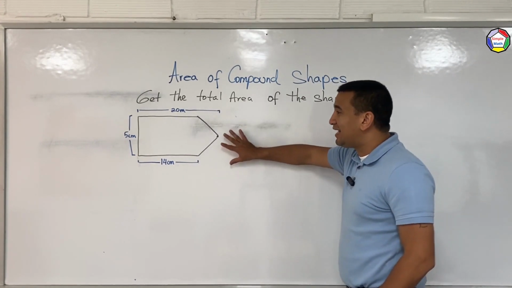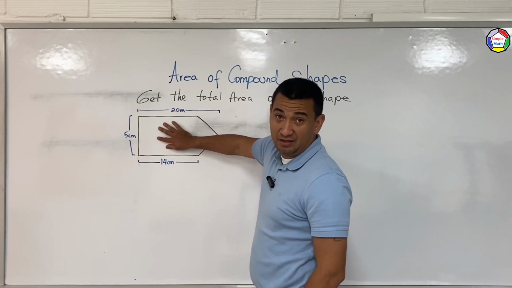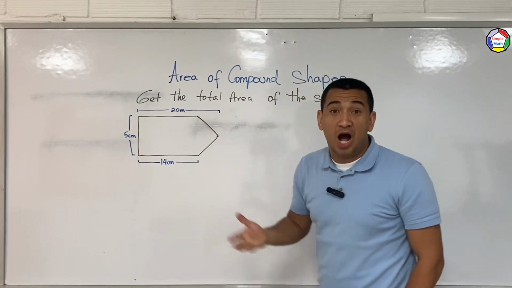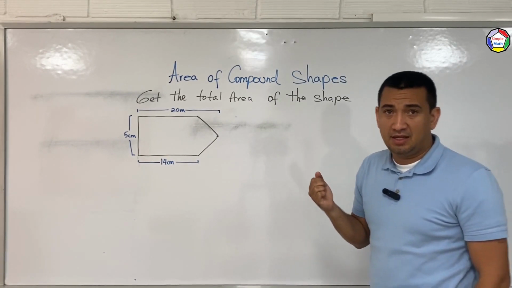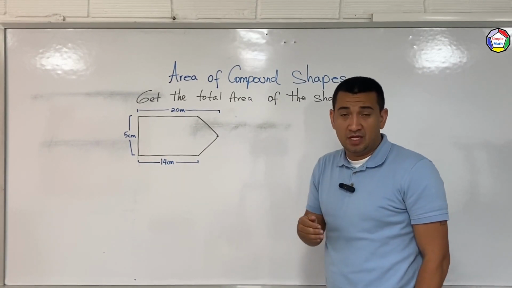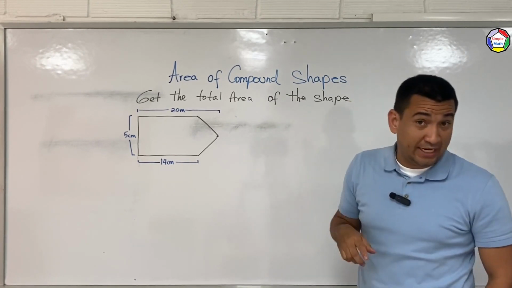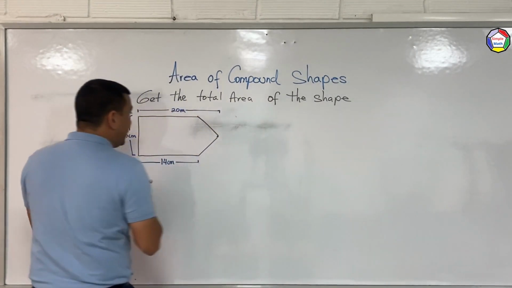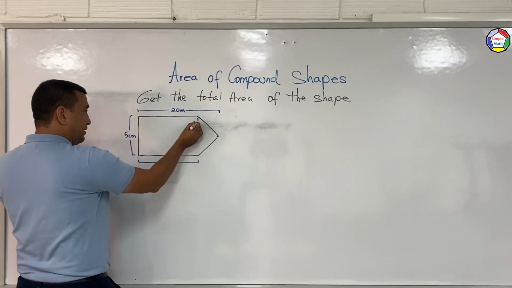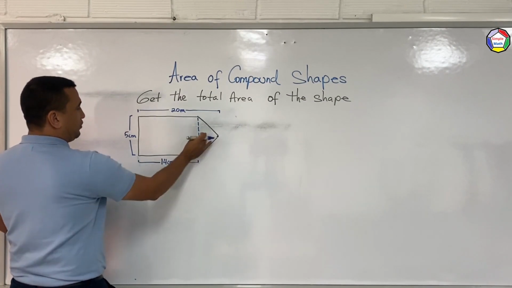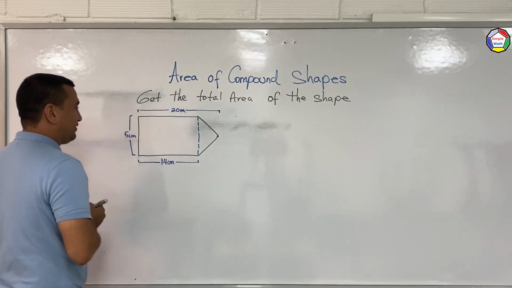To calculate the area of this plane shape, we need to divide the plane shape into two parts. If you see, guys, here we can make a line, and here we have a triangle, and here we have a rectangle.